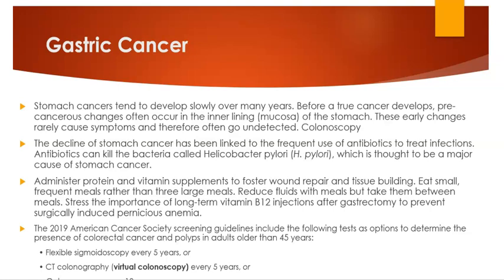They might also have a CT, which is a virtual colonoscopy, or they can do a blood sample. But the gold standard right now is still, people over the age of 45, especially if you have comorbidities, other things like diabetes, hypertension, things of that nature. You should definitely be going in and getting tested.